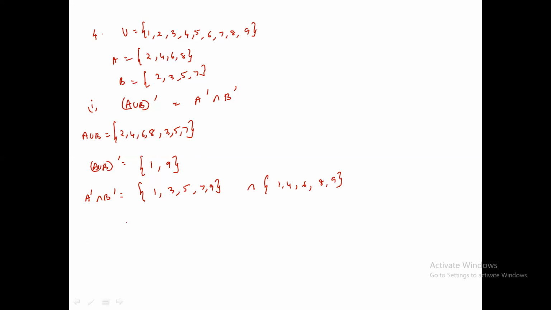Now find intersection. The common thing, only common is 1 and 9. So from this you can say A union B whole dash 1 comma 9 is same as A dash intersection B dash. One of the De Morgan's law.